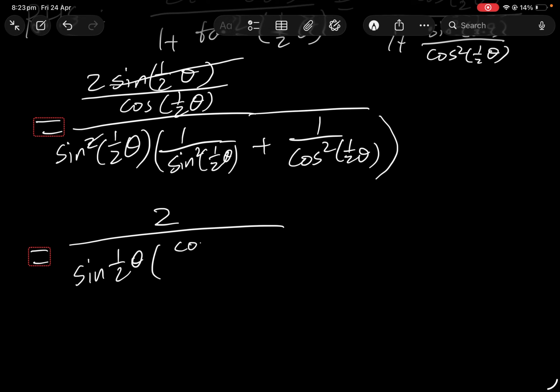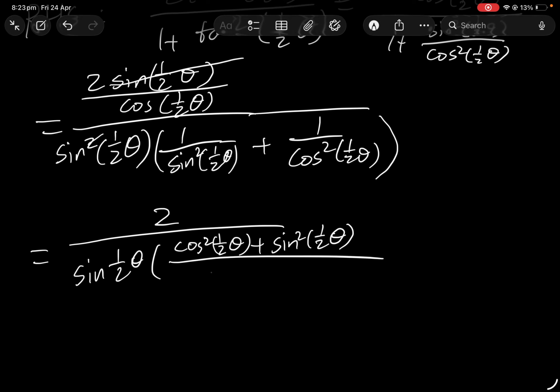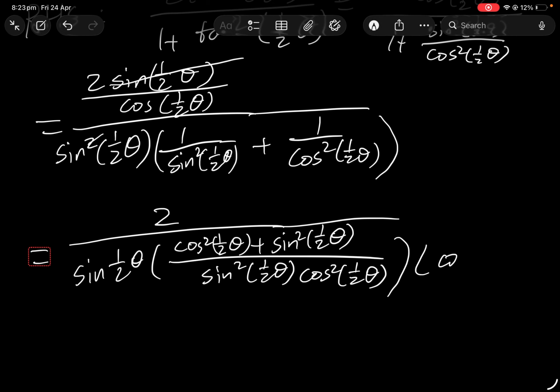So it'll be cos plus sine, which is 1, but we'll do that next, step by step. The bottom will still be sine squared cos squared. And then we'll also times the cos to here, so it'll be cos half.